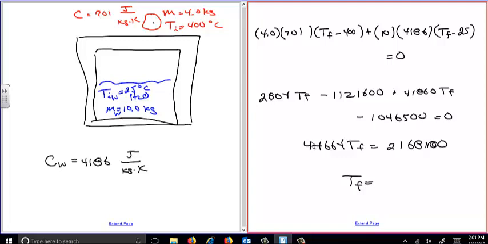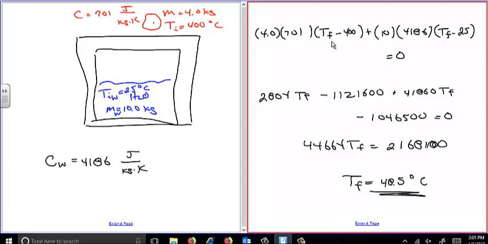And it should be greater than 25 and less than 400. And you get the final temperature is 48.5 degrees C. And again, because we're dealing with temperature differences, you do not have to convert to Kelvin.